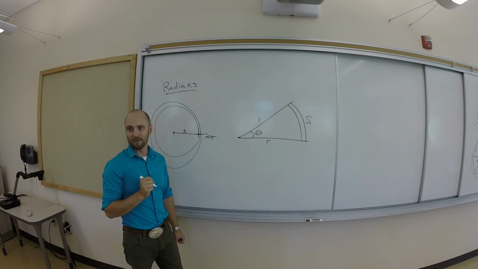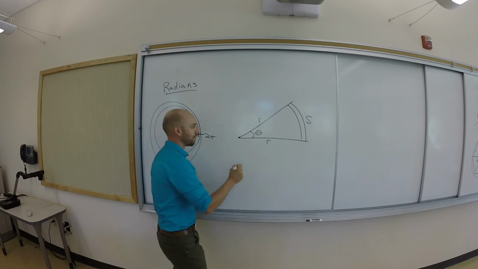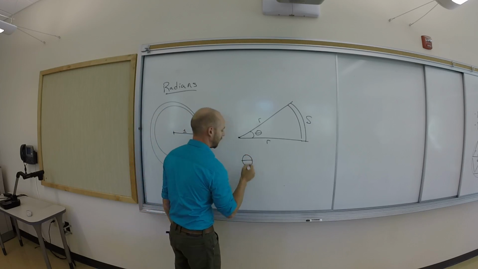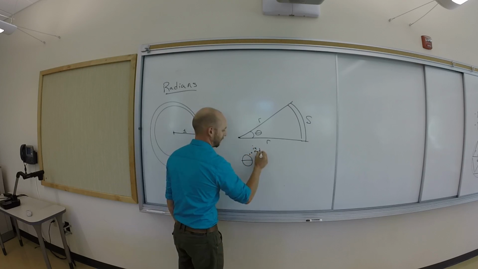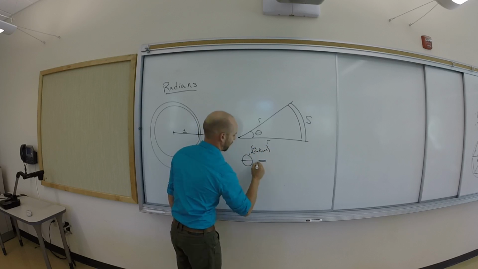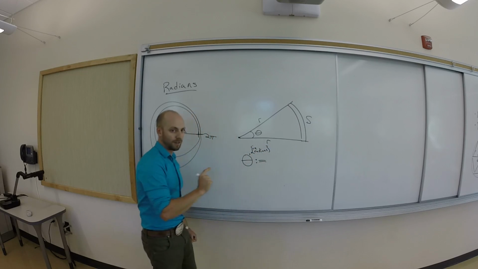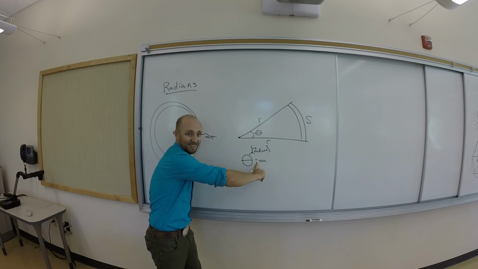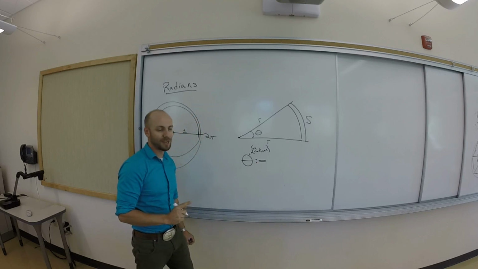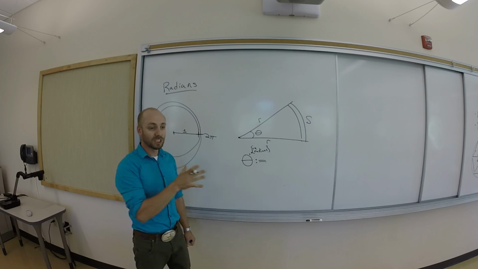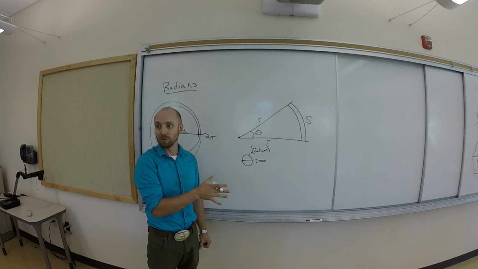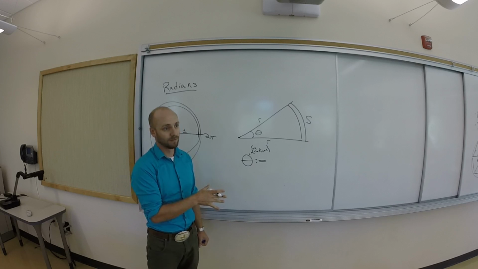So I'm going to define theta, which is going to be measured in radians. This is equal because we said so, but of course it's a because we said so for a reason.